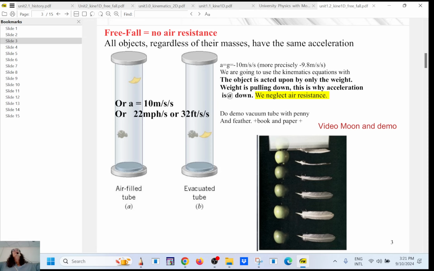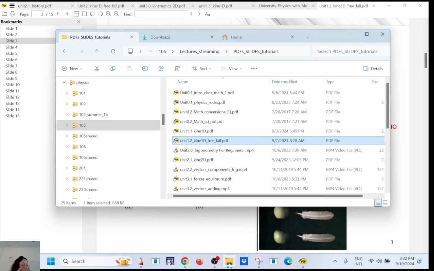But if you take heavy stuff, like a bowling ball, could be a demo if you want extra credit, or you take two weights, like you go to the gym, you have a 5 pound and a 10 pound, you drop them at the same time from the same height, watch your feet, they will reach the ground at the same time.